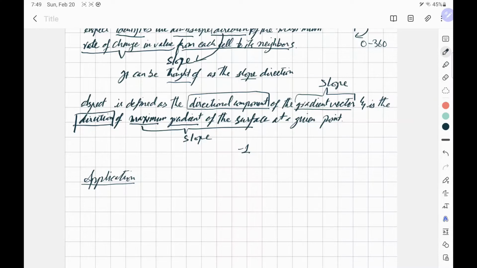Aspect is used in finding the flow of water, finding the direction of water.